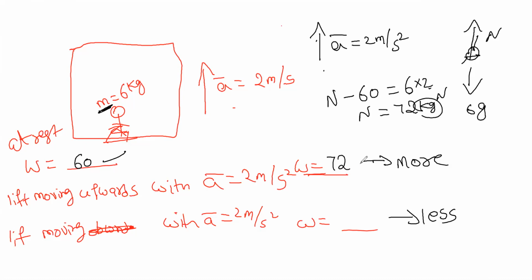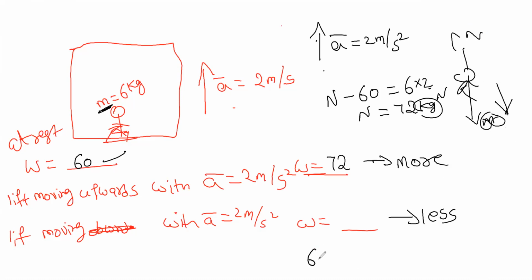Right. Now, when the body is moving downwards, same, this normal force will be upwards itself, and mg is for this person. Normal force is upwards, mg that is 60, but acceleration is towards downwards. So what we will do, 60 minus N should be equals to mass of the body into acceleration, right?